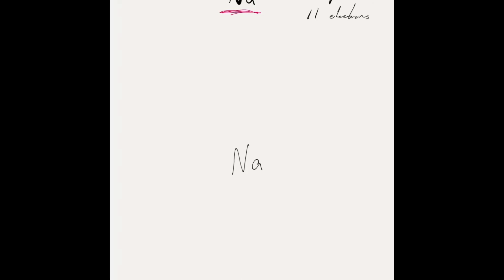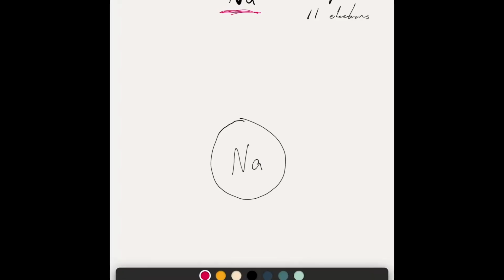This has 11 electrons. So I'm going to draw the first shell that the electrons could go on around the outside. And we're going to ask myself how many electrons can fit on this first shell. So you should be thinking to yourself now as well, how many electrons can fit on the first shell around the nucleus?